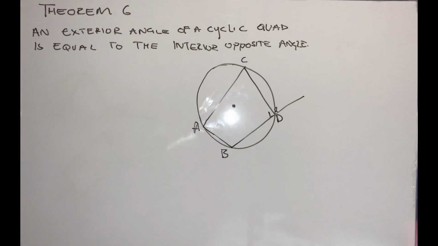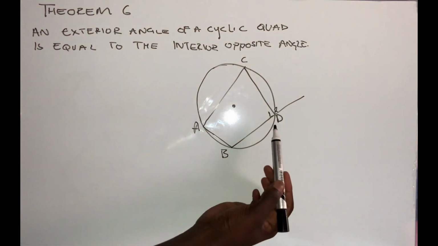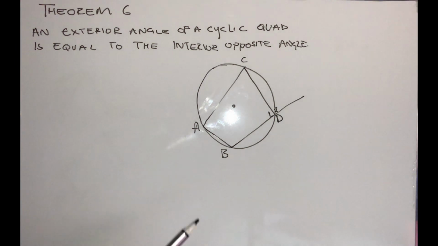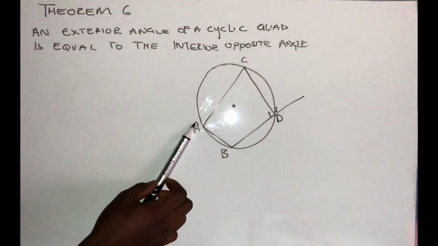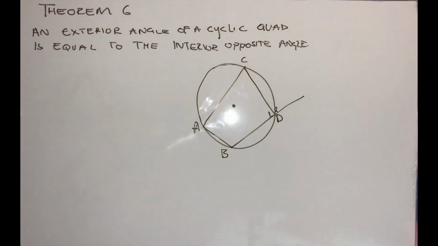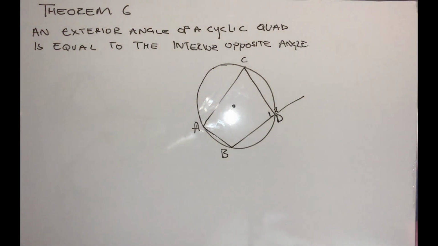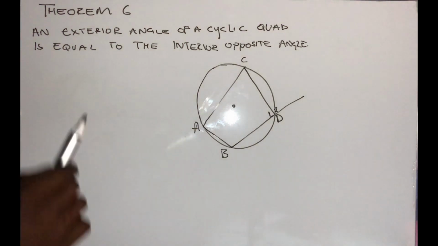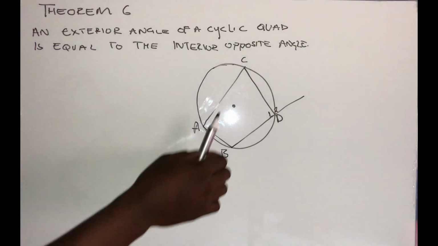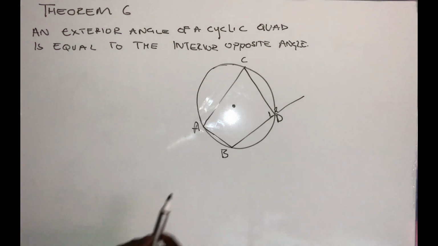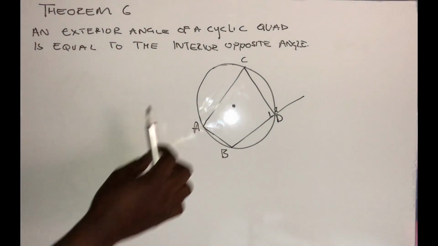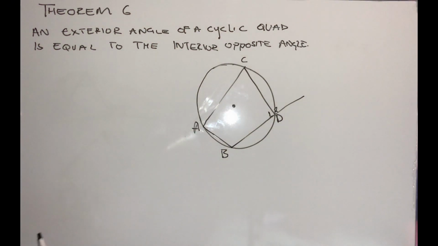If we look at the diagram here, we see that A, B, C, D are vertices of a quadrilateral. All the vertices lie on the circumference of what? Of the circle. That means this quadrilateral is a cyclic quad.